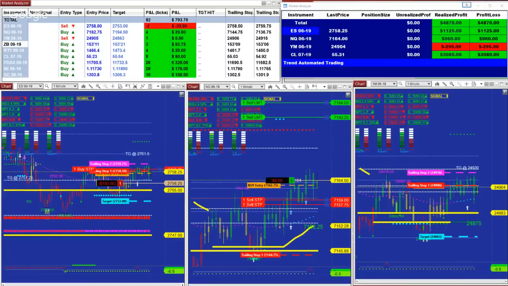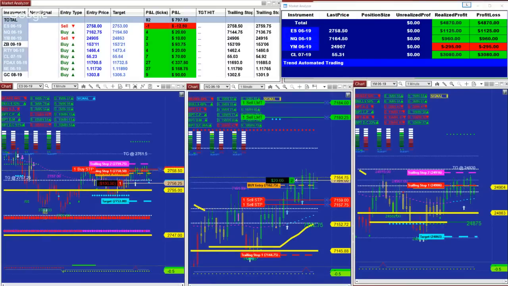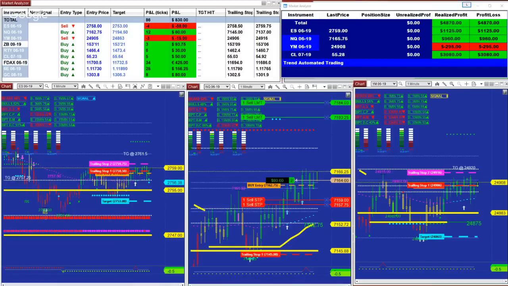You can see the Nasdaq wants to fly. We are waiting on this one here. We need to break that number. Come on, the 59.75. We're still missing 3 ticks.